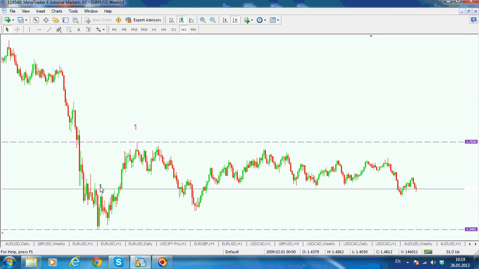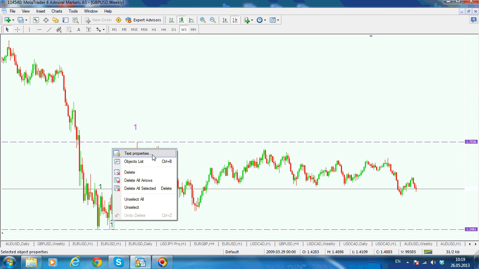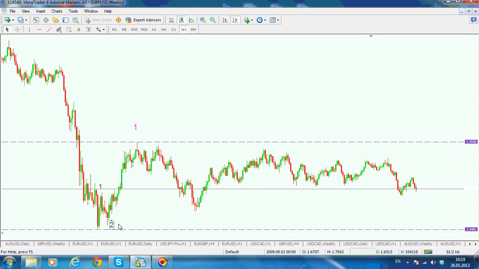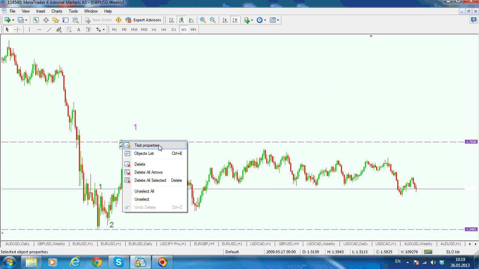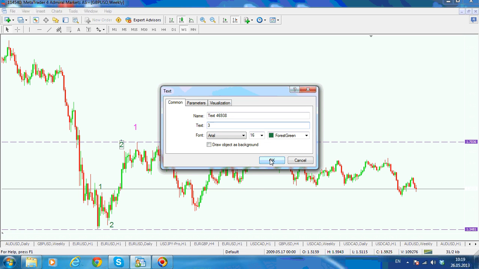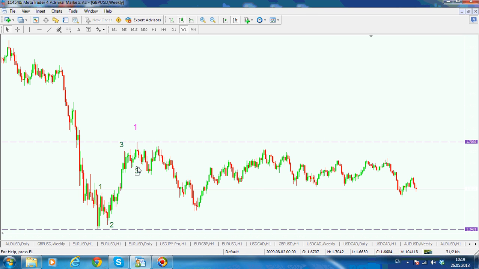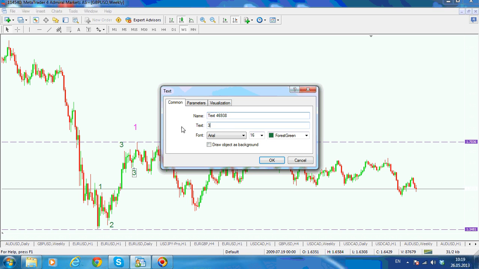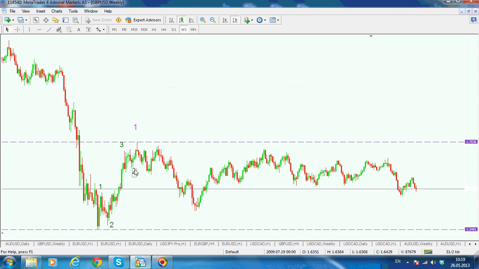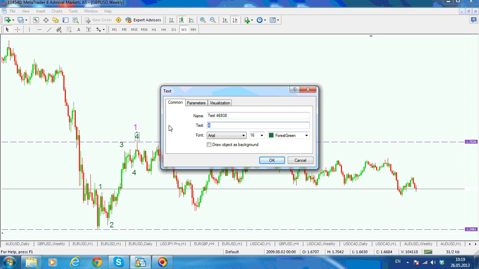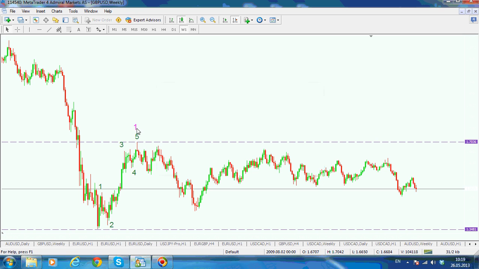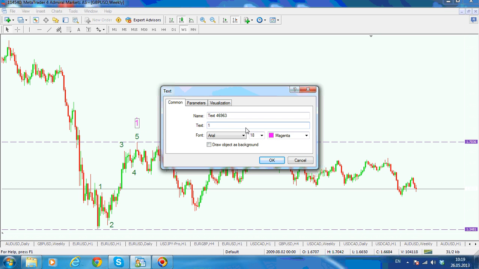So 1, 2, 3, and then the fourth wave here, and the fifth wave that comes to something like 61.8 percent of the first green wave. So 1, 2, 3, 4, 5, and this is either a 1 or an A, sorry. We don't know.